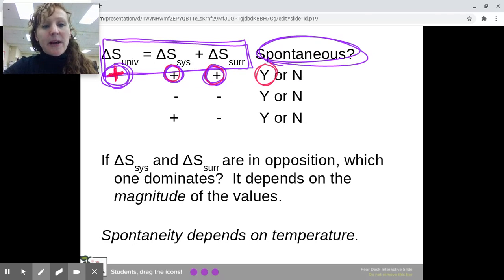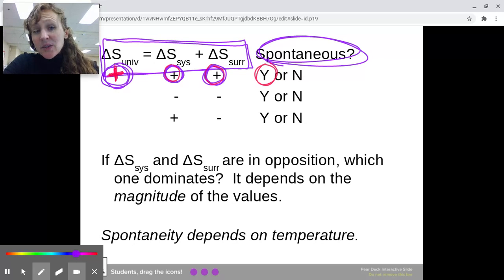Entropy of the system is positive, entropy of the surroundings is positive, entropy of the universe is going to be positive, and therefore the system is going to be spontaneous. Okay, look at the next two. Pause your video, see if you can make a prediction on the next two, and then come back and we'll talk you through it.